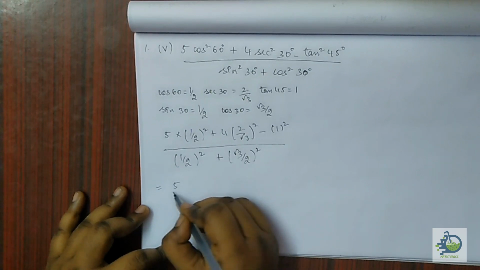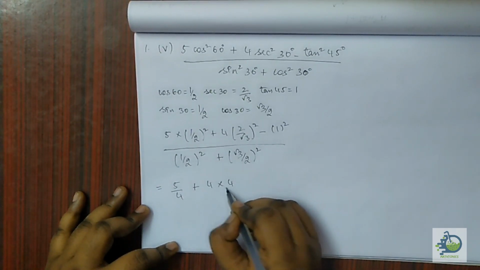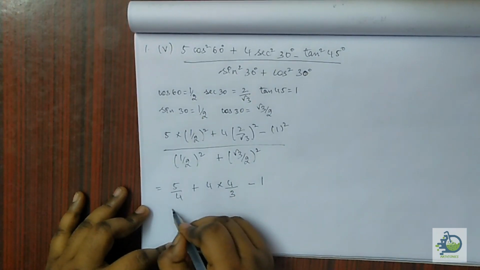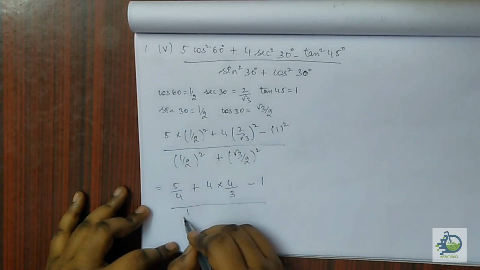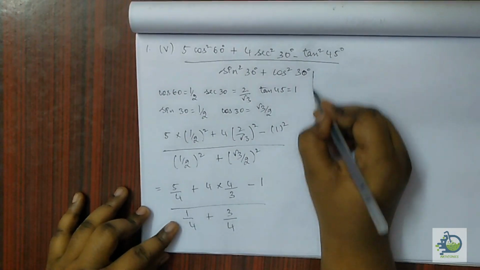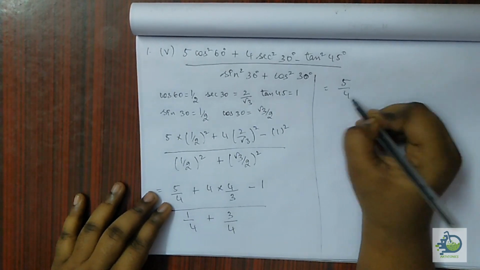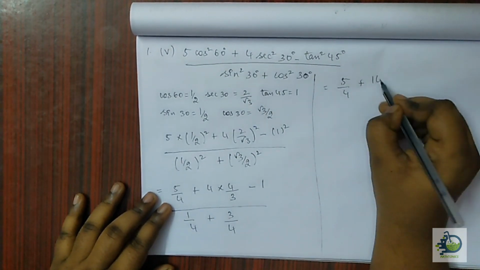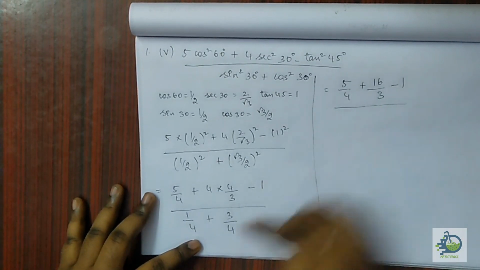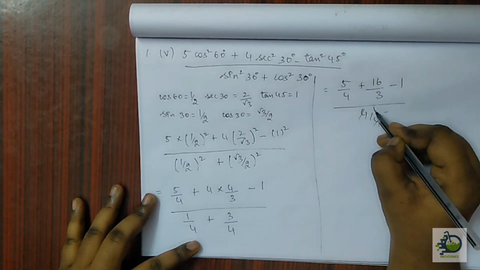Here 5 by 4 plus 4 into 4 by 3, root 3 into root 3 is 3, and here minus 1 divided by 1 by 4 plus 3 by 4. So 5 by 4 plus 4 fours are 16, so 16 by 3 minus 1 divided by 1 by 4 plus 3 by 4 is 4 by 4. By cancelling it we get 1.